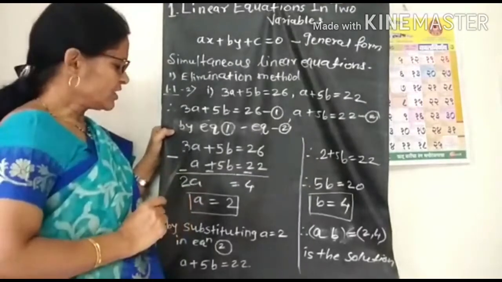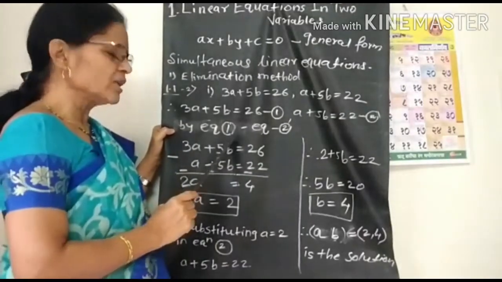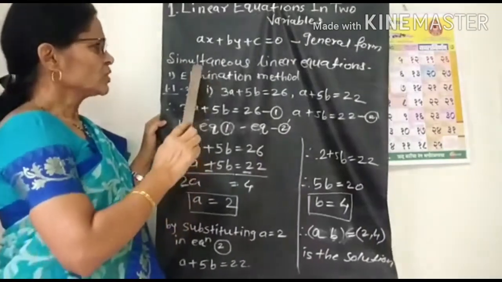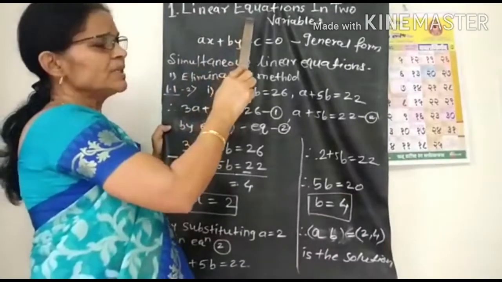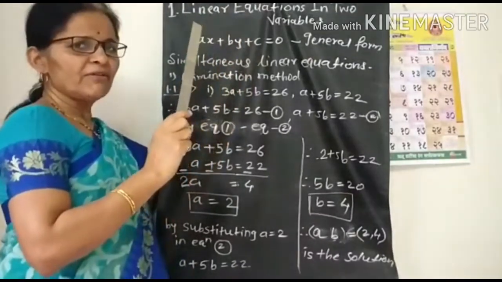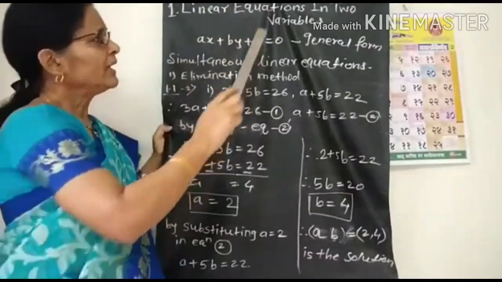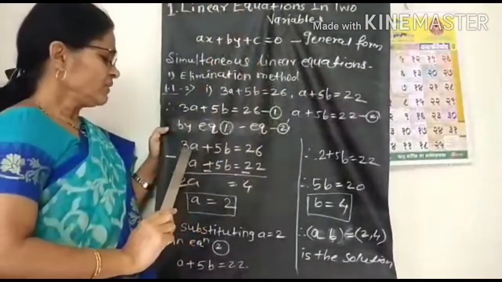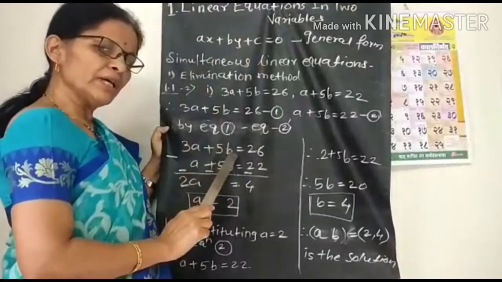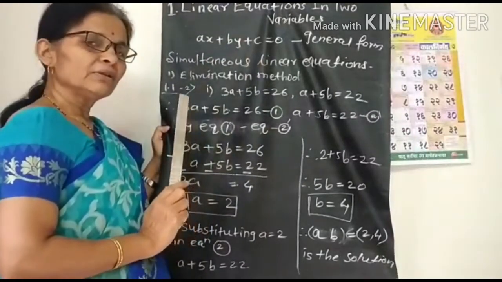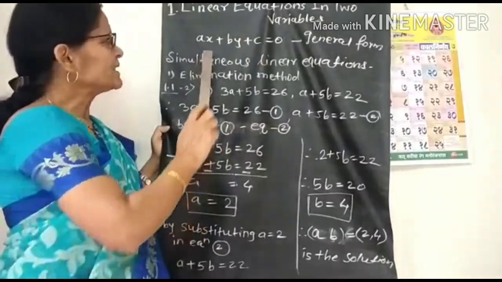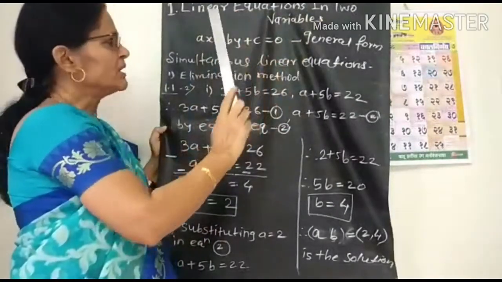So linear equation means equation having a variable with index 1, and linear equation in two variables means equation contains two variables with index 1 or with the power 1, called as a linear equation in two variables.